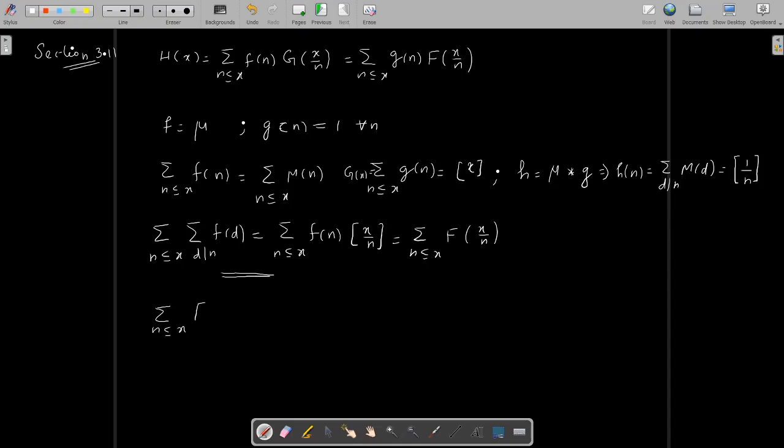So we can write it as the sum over n less than or equal to x of the integral part of 1 by n, equal to the sum of mu of n times the integral part of x by n. That implies sigma n less than or equal to x, mu of n times the integral part of x by n equals, when you expand this sum, for n equal to 1 the term is 1, and for all other values we have 0, so this is equal to 1.